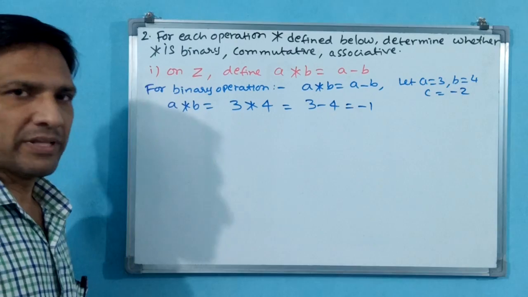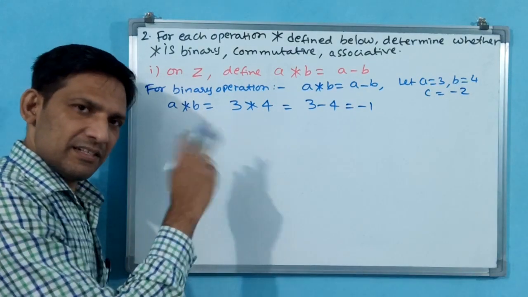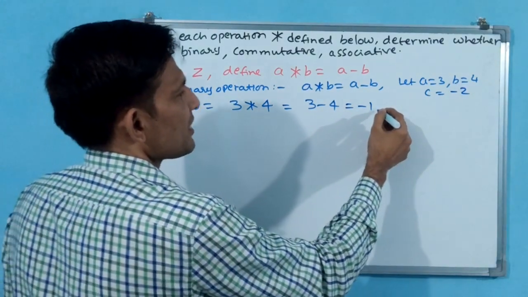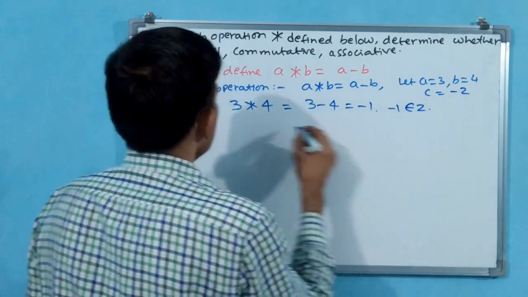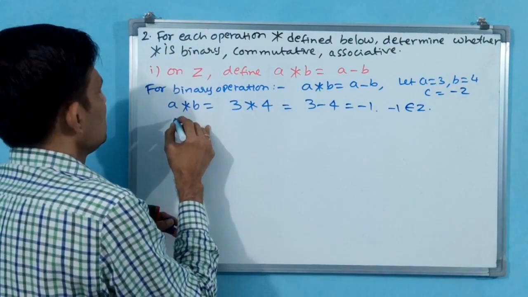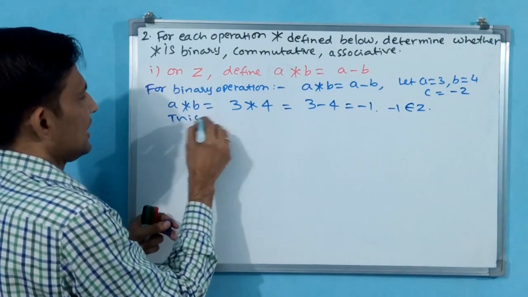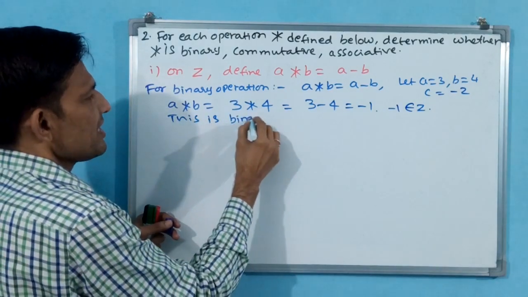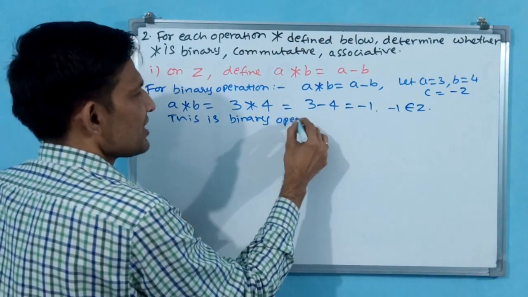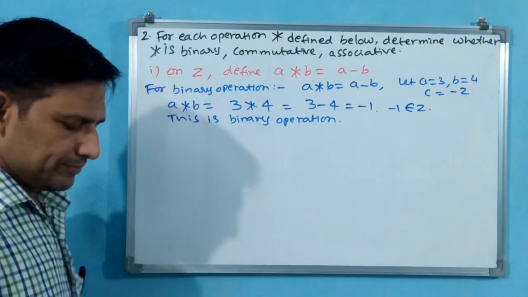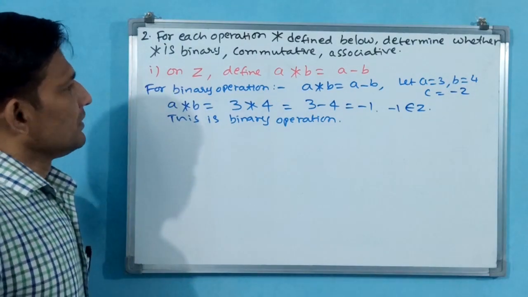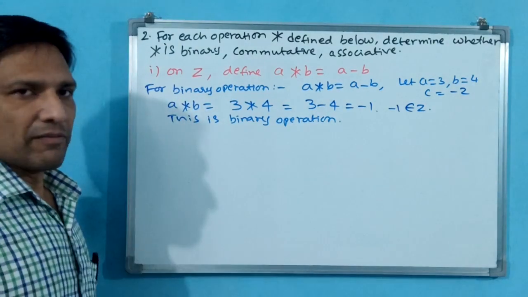Negative integers also will be there. Then this belongs to Z. Therefore it is a binary operation. Okay, like that you have to write. Now this is a binary operation, we confirmed.